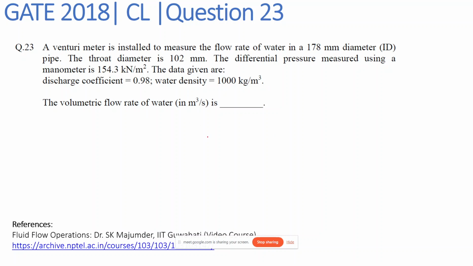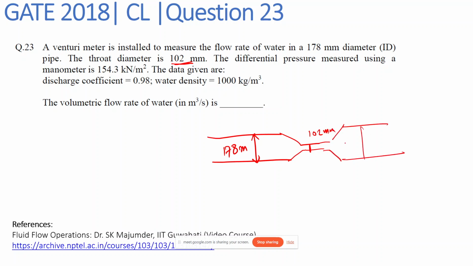So in this question, similar to the previous question, we have been given a pipe for which the diameter is 178 mm. Then the throat diameter of the venturimeter is 102 mm. Then the differential pressure is measured using the manometer.